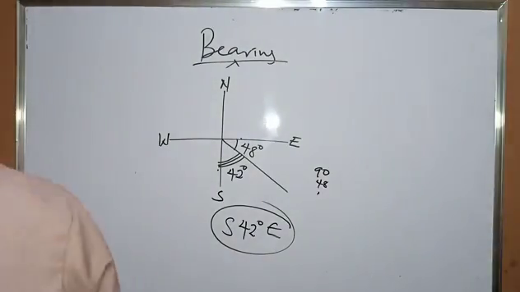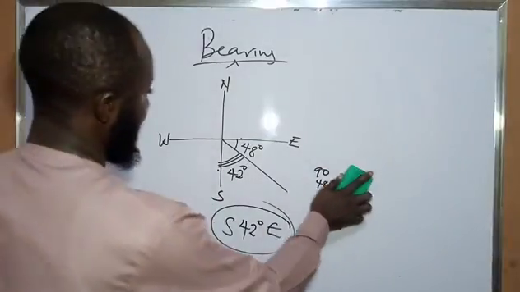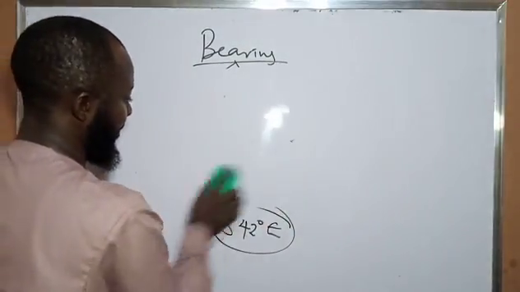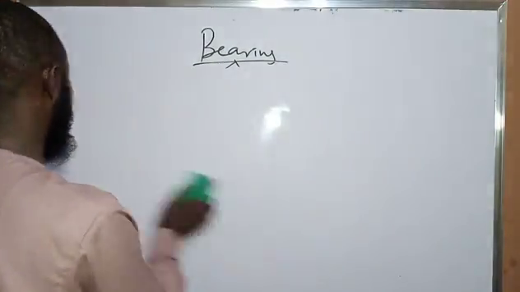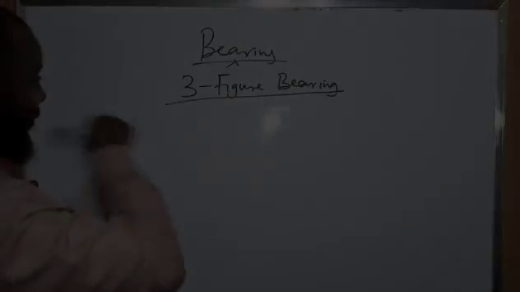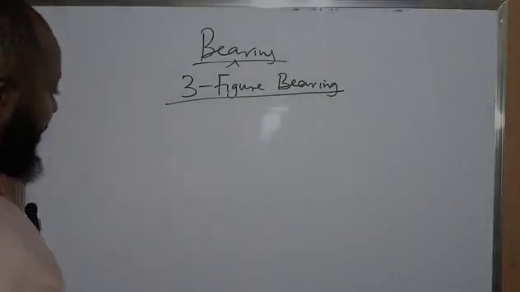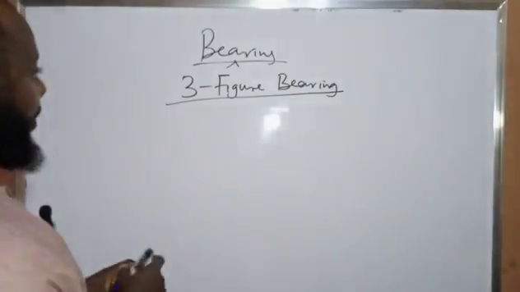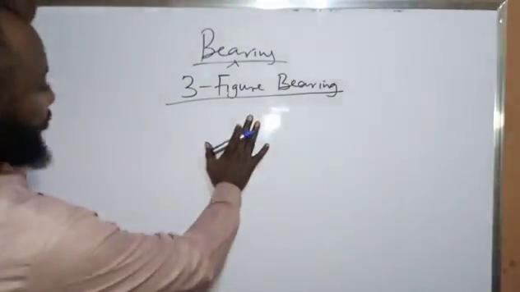Now the next stage is to look at 3-digit bearing. All right, 3-figure bearing or 3-digit bearing, still the same thing. Under this, it has some rules as well.